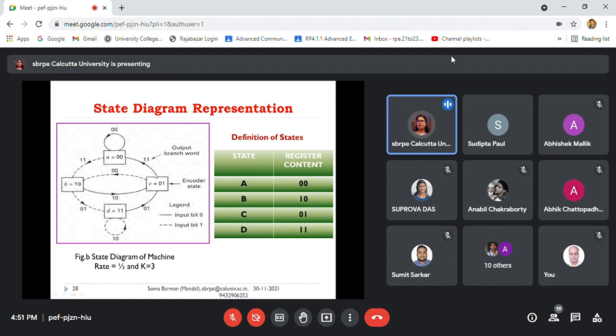So these are showing the states of the machine. Now, how will the state transition occur? That depends on what message input is coming into the encoder.